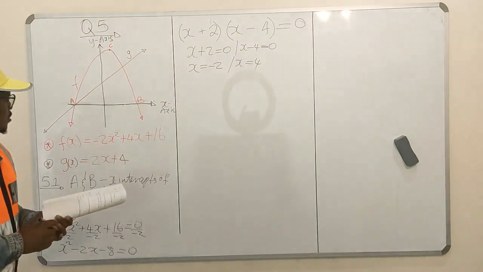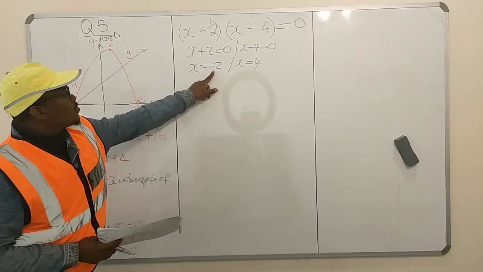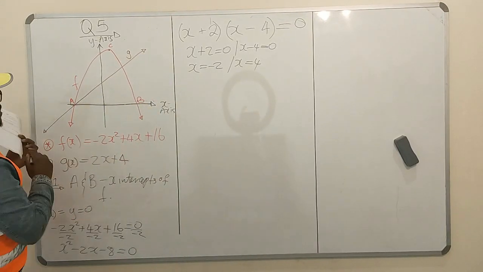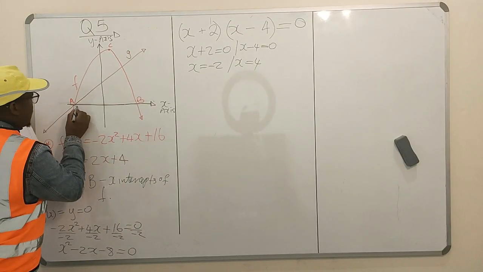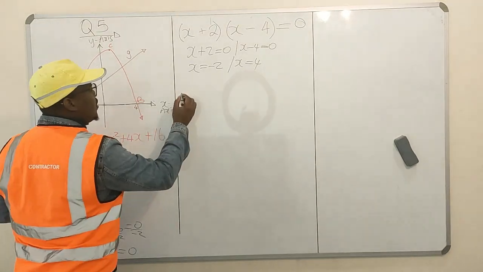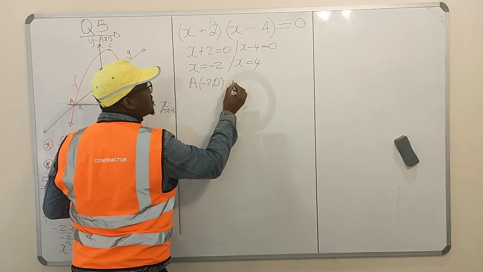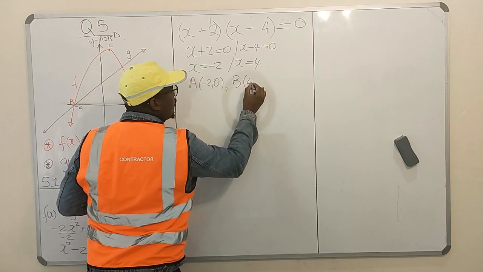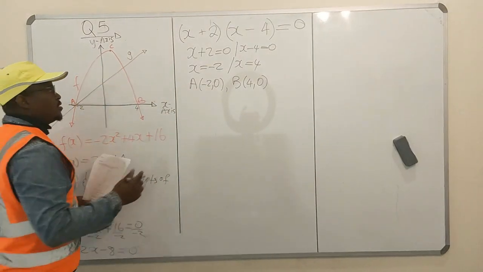This is minus 2, and here I have 4. So the coordinates for A are minus 2 and 0. Coordinates for B are 4 and 0. We're done with this question.